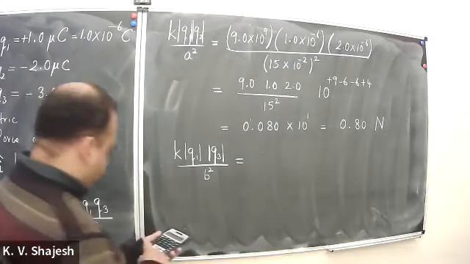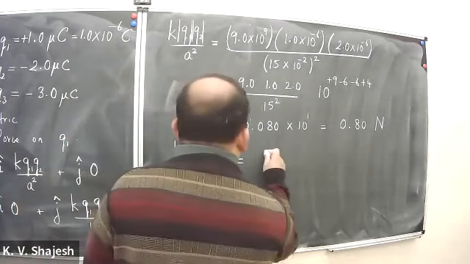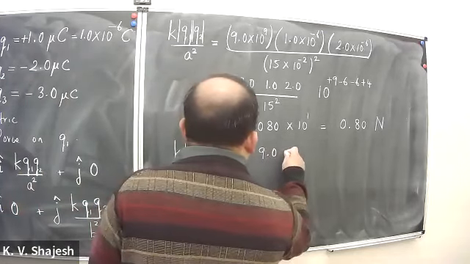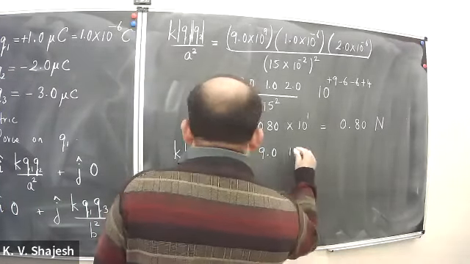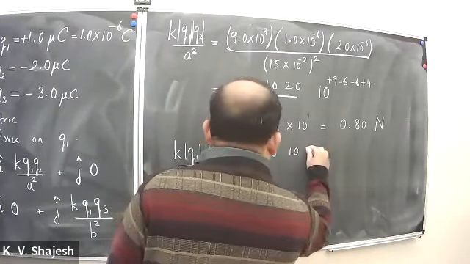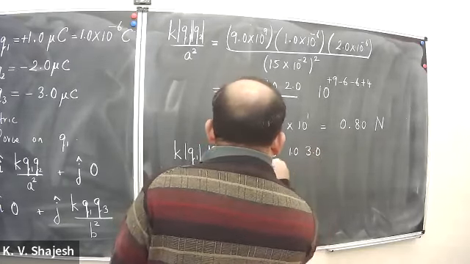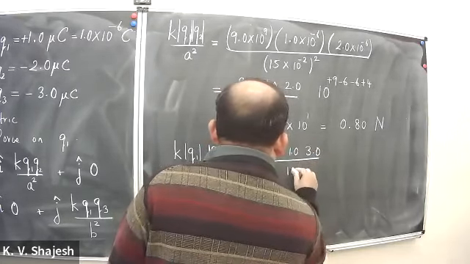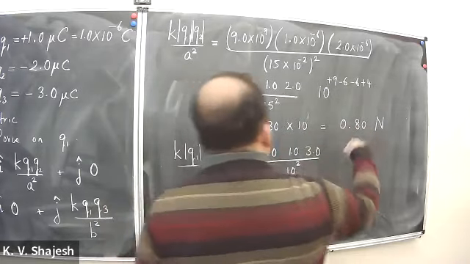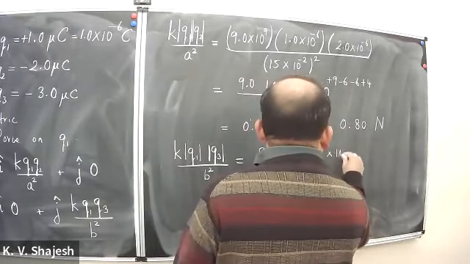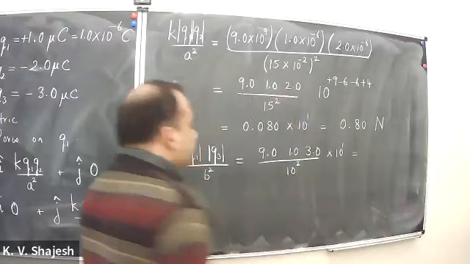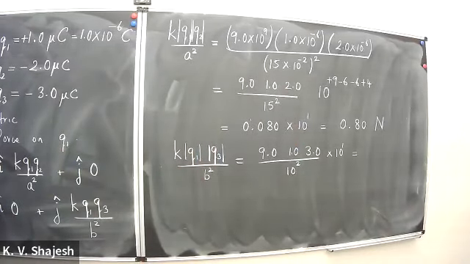So if I were to do that, this will be 9.0 into 1.0 into 3.0 divided by 10 squared, and the power remains the same. So that's 10 raised to 1. And that comes out to be 27 divided by 100.